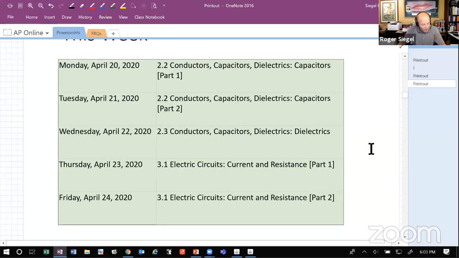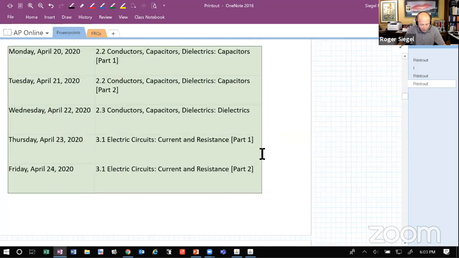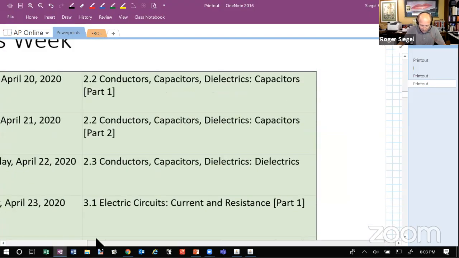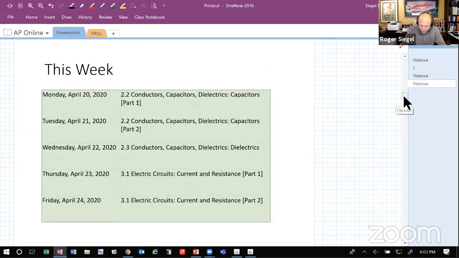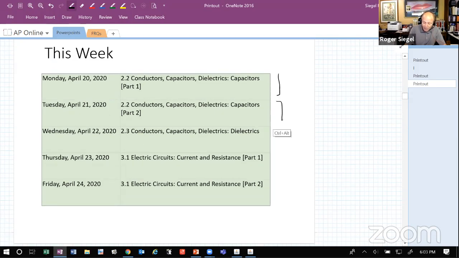Here's where we are this week. This week we are working on conductors and capacitors, dielectrics tomorrow, and on Wednesday as well.